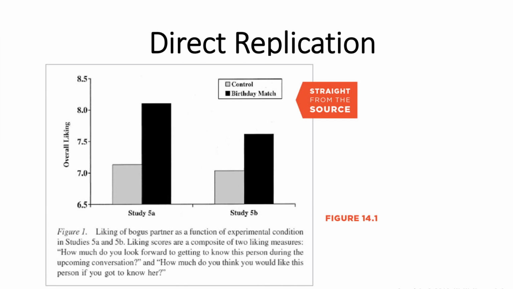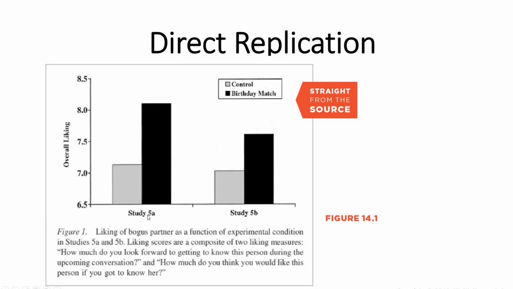So after giving the participants time to read over the surveys, they were asked to rate their partner on a bunch of different dimensions. Here we're looking at overall liking. So how much do you like this random person based on some very simple information on a form and whether or not their ID number matches your birthday.